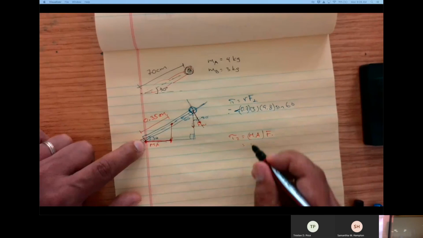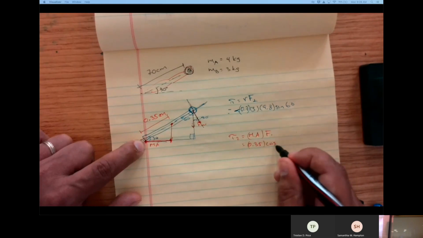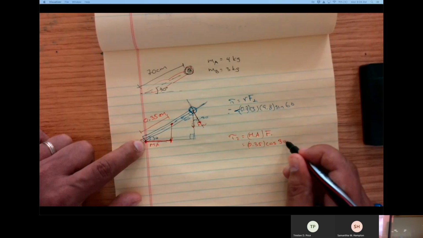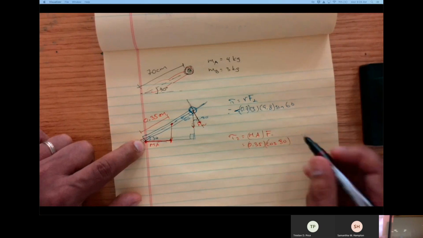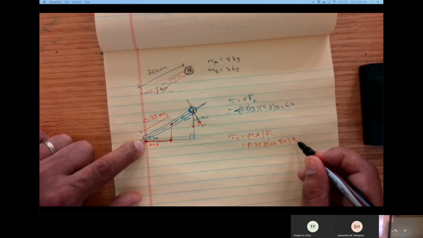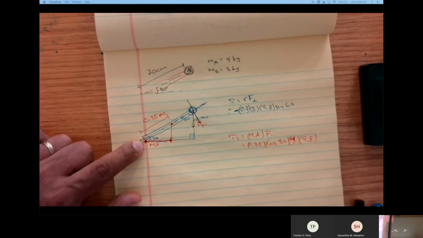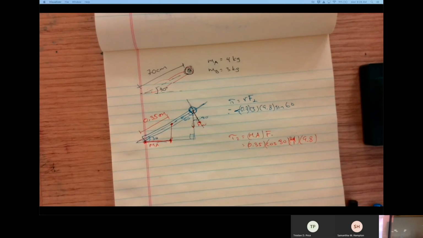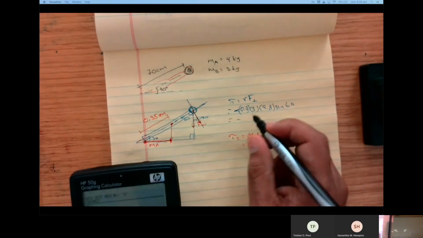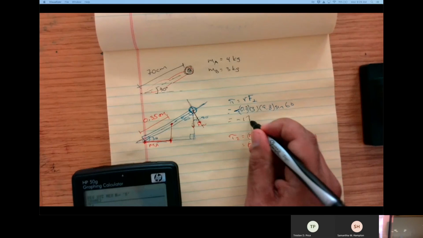So this will be 0.35 cosine of 30 times the force, which is 4 times 9.8. This is going to give me negative 17.82.